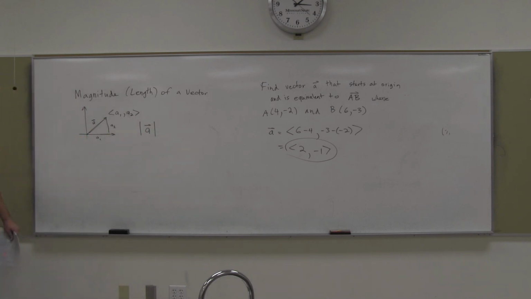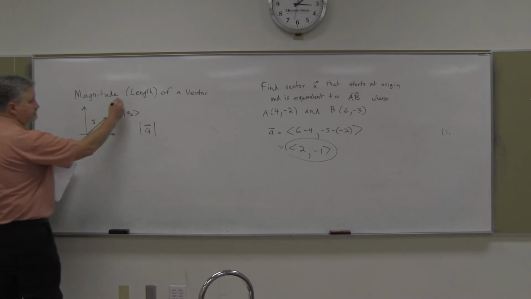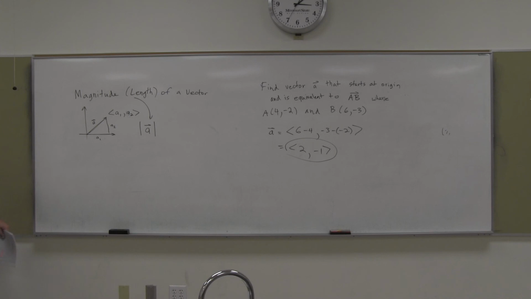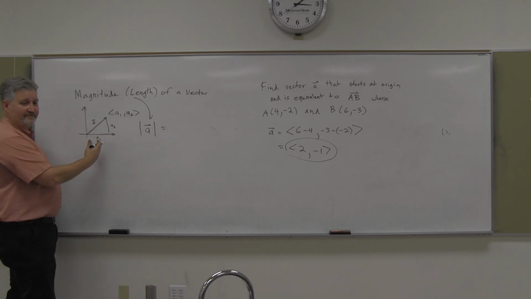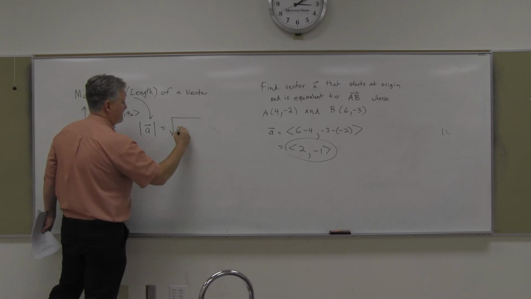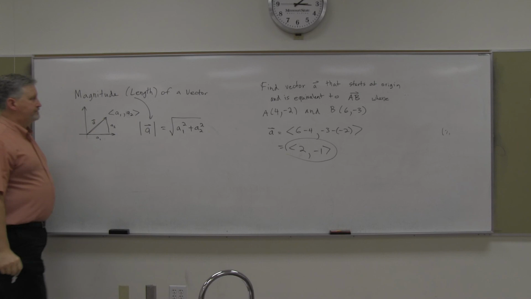And of course, the notation for magnitude looks like absolute value, but since we're talking about a vector, the context just means the magnitude of a vector. Like I said, it's just from the Pythagorean theorem: the square root of A1 squared plus A2 squared.